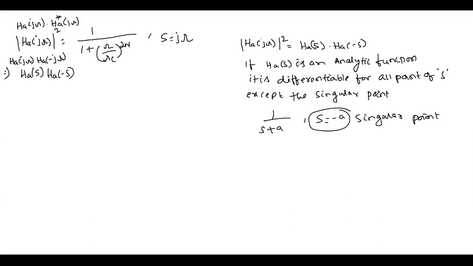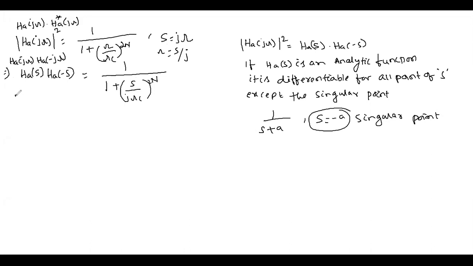Now let H of s be an analytic function. If H of s is an analytic function, then I can represent the magnitude square of H of j omega as H of s multiplied by H of minus s, which equals 1 by 1 plus omega by omega c to the power 2n. Now omega means s by j, so it is s by j omega c to the power 2n.